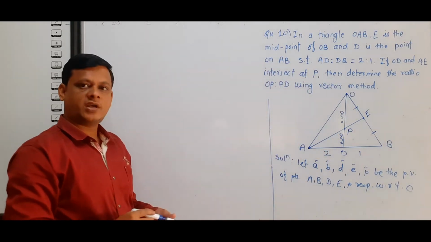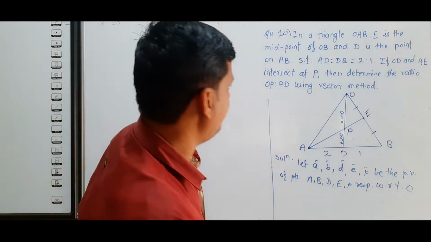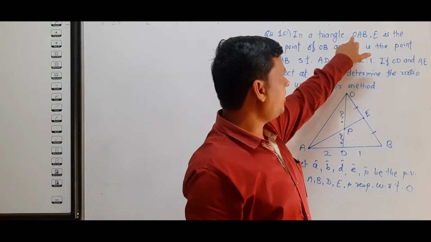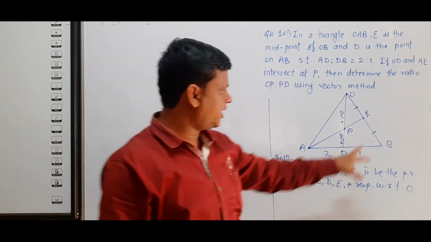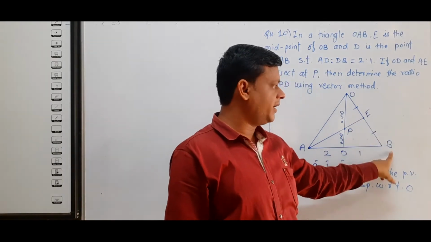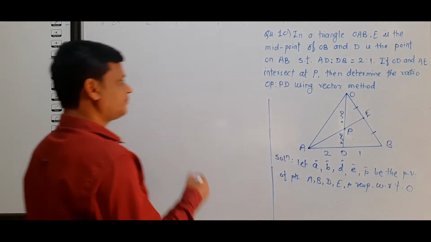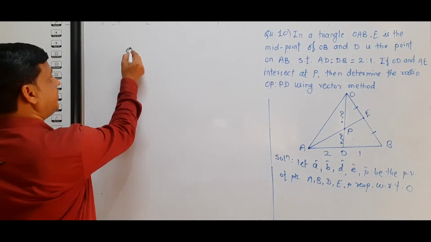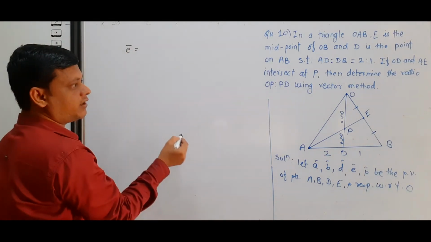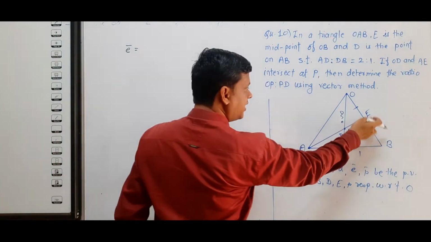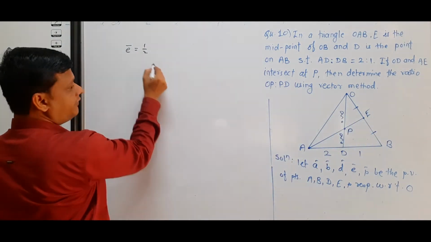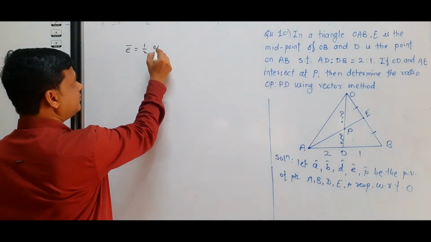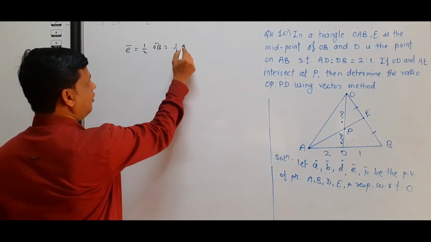Now we use the given part. See first, in triangle OAB, E is the midpoint of OB. Here E is the midpoint of this OB. So we write here, by using the midpoint formula, E bar is equal to half of OB bar, that is half of B bar.